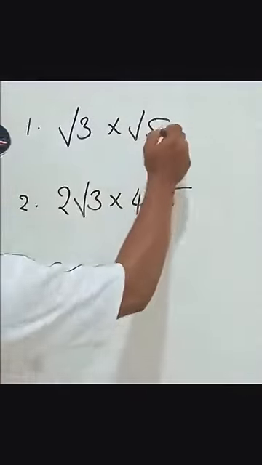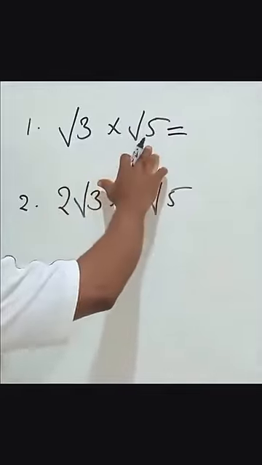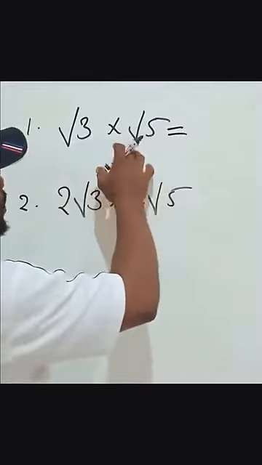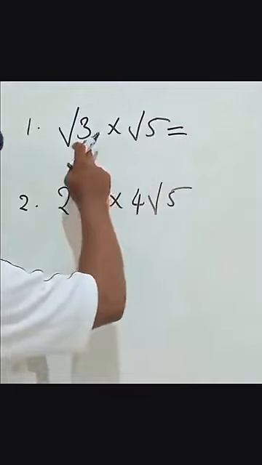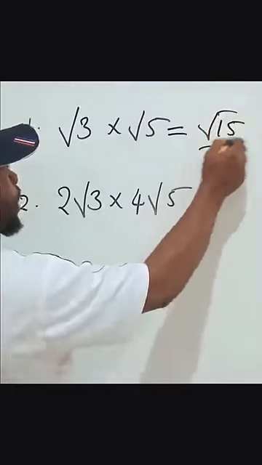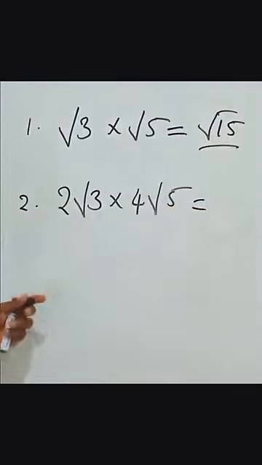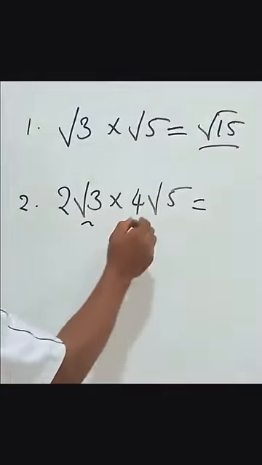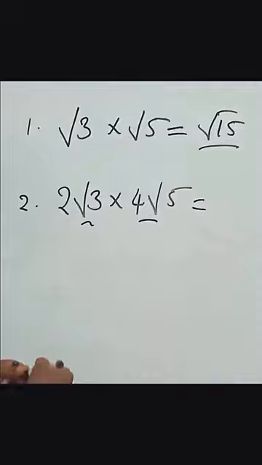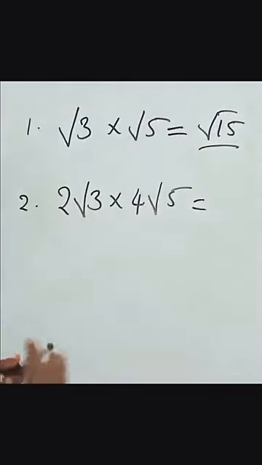Question 1 says, multiply the square root of 3 by the square root of 5. So this is the same thing as 3 multiplied by 5, 15. So the answer is root 15. The same thing applies to question number 2. Even though the surds are not the same thing, even though they are not similar, we can still multiply them together.